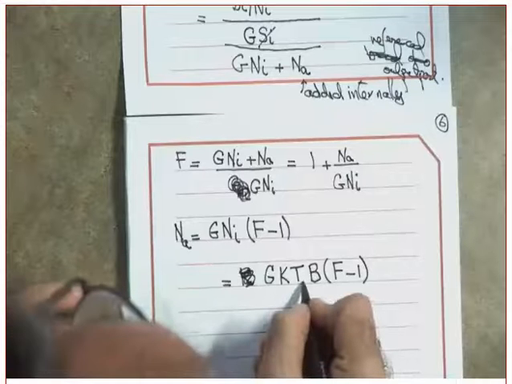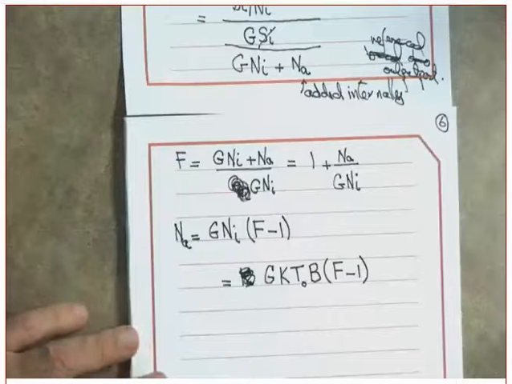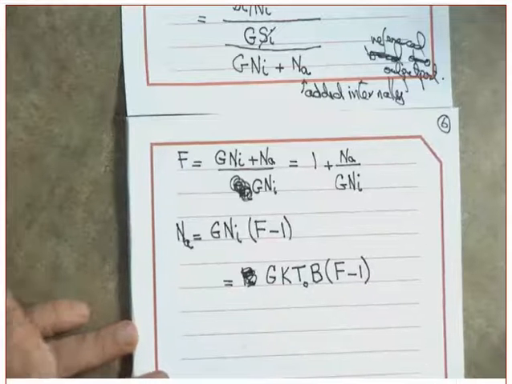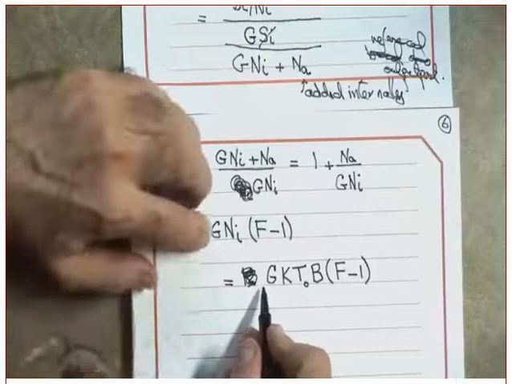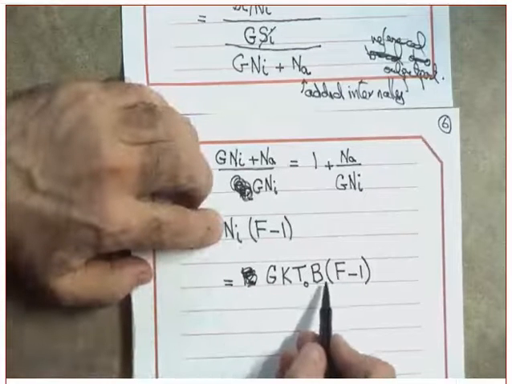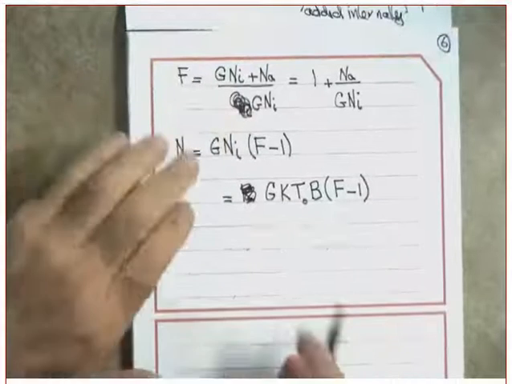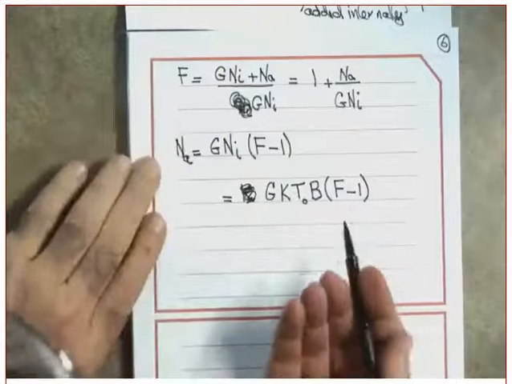What is this T? I'm sorry. What is this T? T0, because we are dealing with T0. That's the definition of the noise figure. Yes or no? This G is this G. The NI is KT0B. And then F minus 1. Now, I want you to see how we are going to model this.